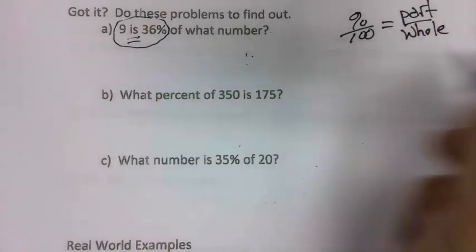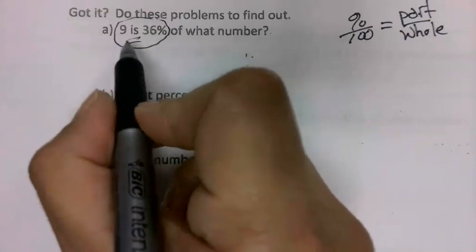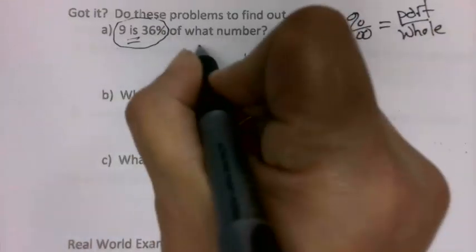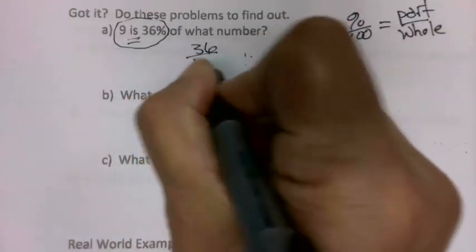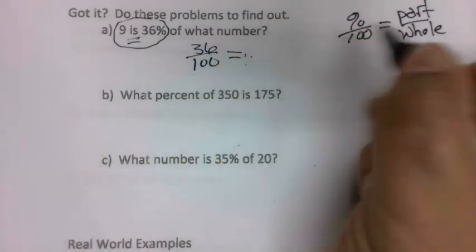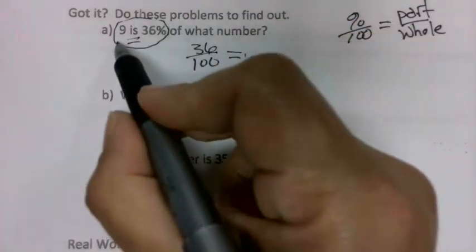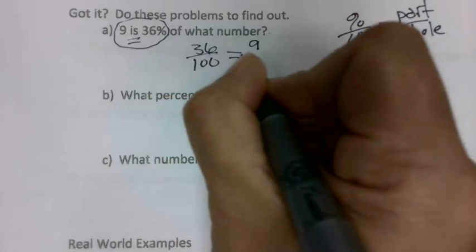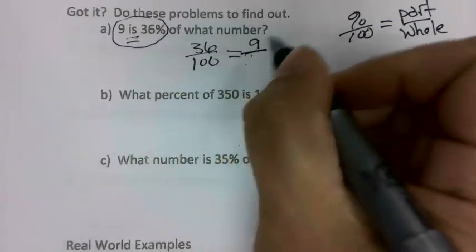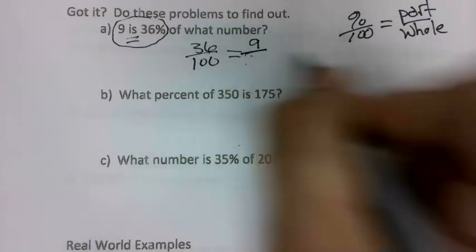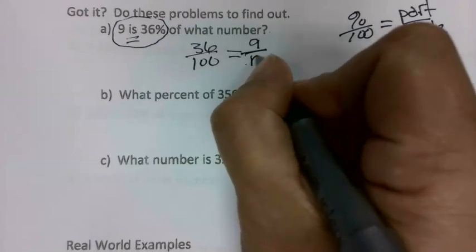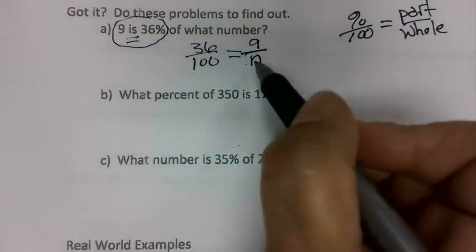And then I'm going to write it out. A is 36%. Well, I know 36% equals 9 is the 36%. So I know 9 is my part. And of what number? I don't know how much total I have. So I'm going to use that variable n for a number.